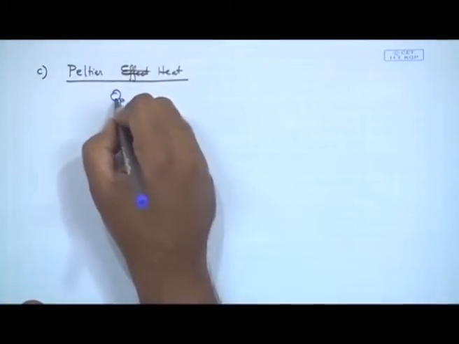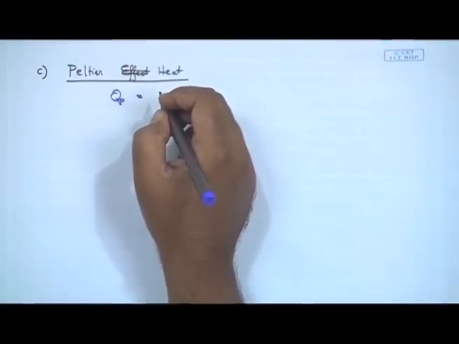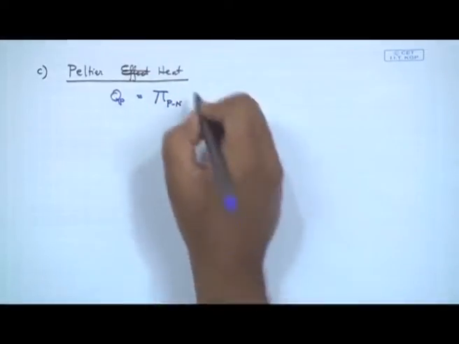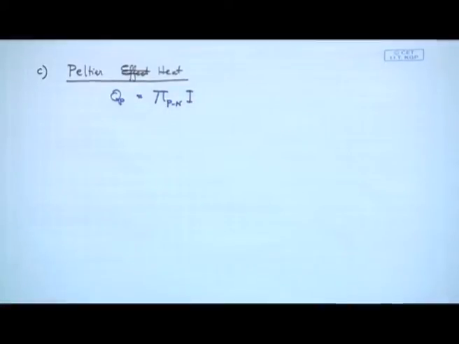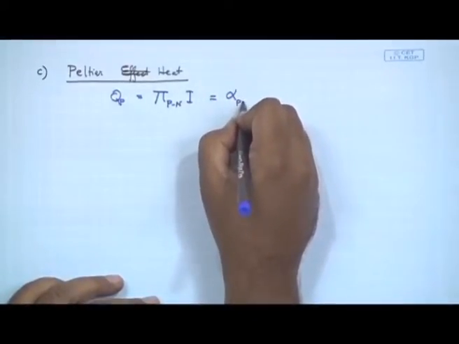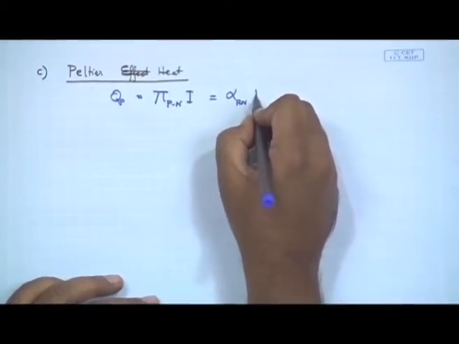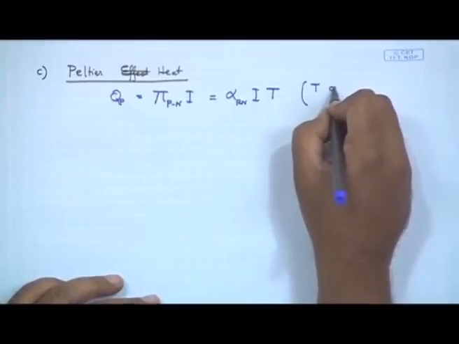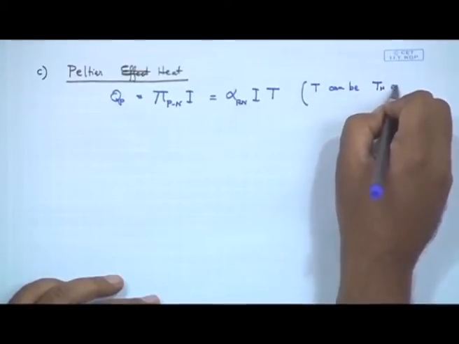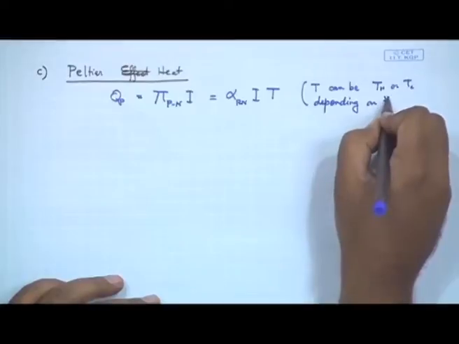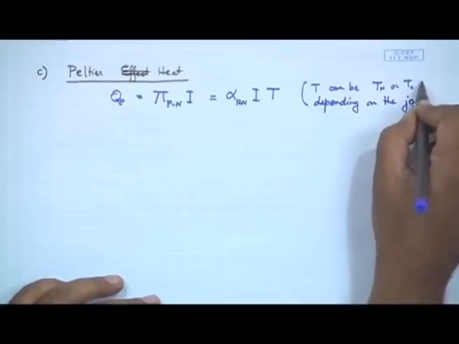We are going to denote that as Qp, Q Peltier, and from the Peltier effect it is equal to pi Pn times the current that flows through it. Again this can be shown to be equal to alpha Pn times I times T, and this T can be TH or TC depending on the junction.